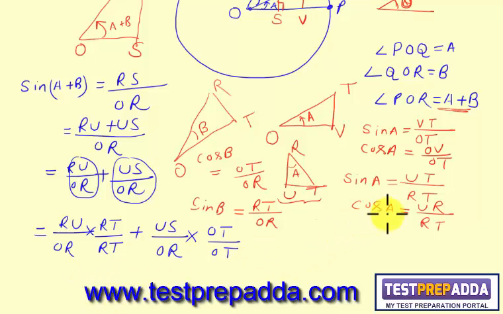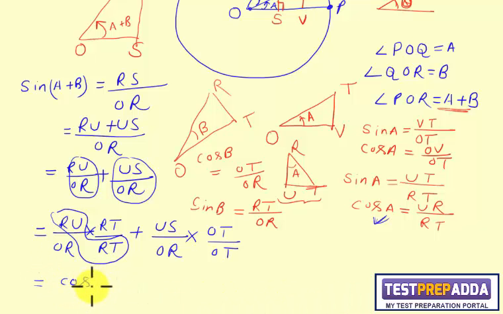You just check RU upon RT. RU or UR both are same. UR upon RT is cos A. So in place of RU upon RT, I can write cos A. And what is left here? RT upon OR. What is RT upon OR? Sine B.